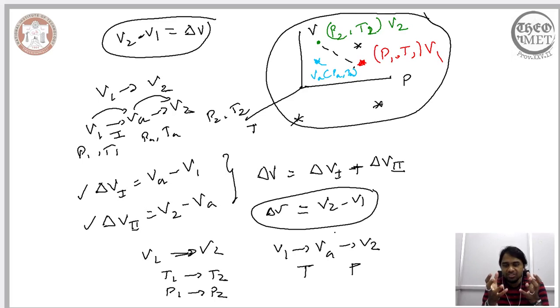So instead of treating the change in the system by simultaneously changing both the independent variables, we can break down this overall change into smaller pieces, wherein in the first piece the temperature is assumed to be constant, and in the second piece of the change, the pressure is assumed to be constant. This helps us handle the change in the state of the system in a more elegant, rather an easier way.